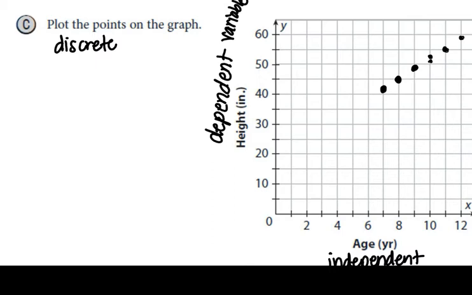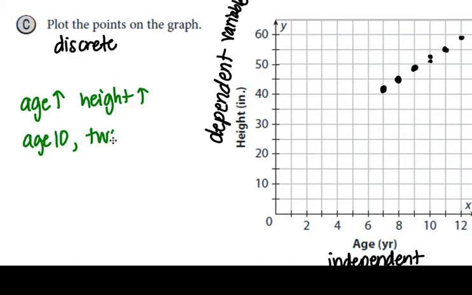Now what's happening here? There's a few things that are happening here. As age increases, height increases. What else do we notice? That at age 10, there were two different outputs, whereas the other ages didn't.